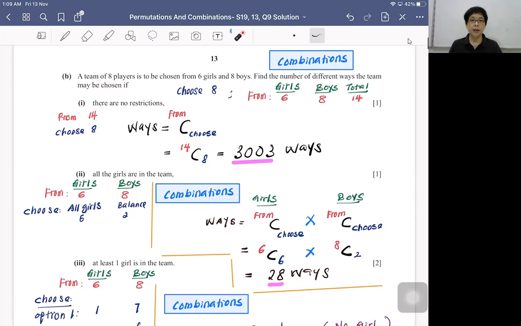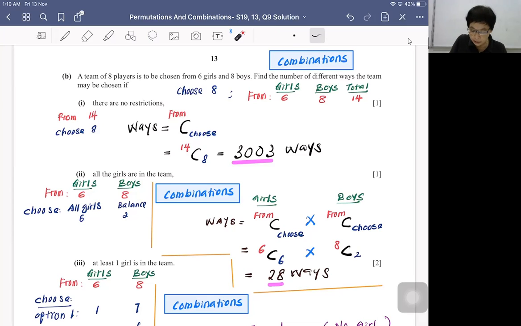Now, a team of 8 players. That gives us that the limited places to form a team is 8. Okay, and we're going to look at how many choices you can choose or select from to fill in these places in the team.